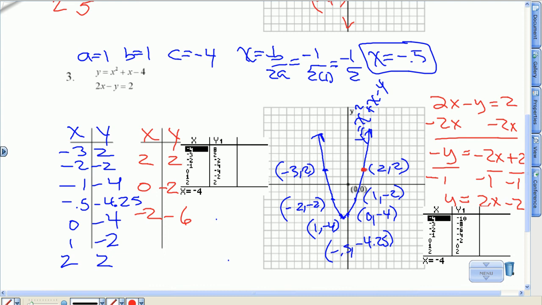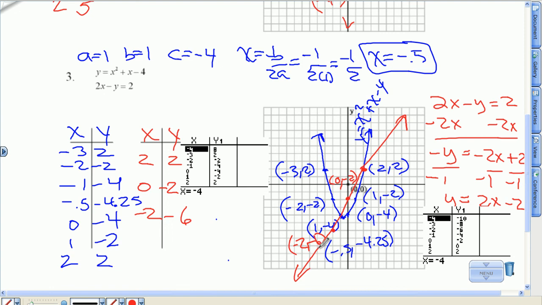So we plot these points. As you can see, 2, 2 is actually a solution. 0, negative 2 here. And negative 2, negative 6 is right there. So when we draw this line, here, and there, and there, try to draw it as nice as we can. We do have to label a couple of these points. We got 0, negative 2, and we have negative 2, negative 6.